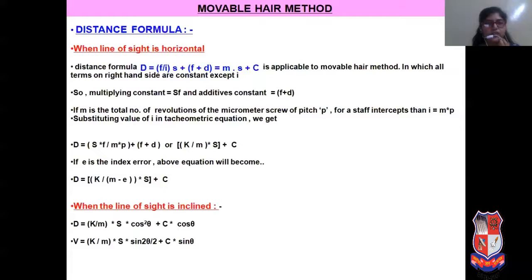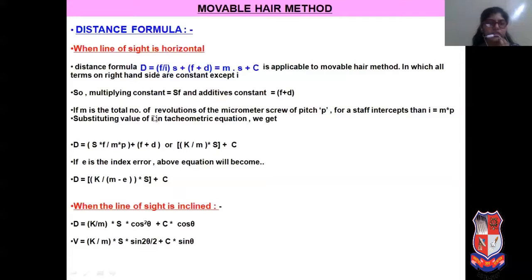The distance formula is similar: D = Ms + C, and it is applicable to the movable hair method, in which all the terms on the right hand side are constant except i, the stadia intercept. Here M is the multiplying constant and C is the additive constant f + d.